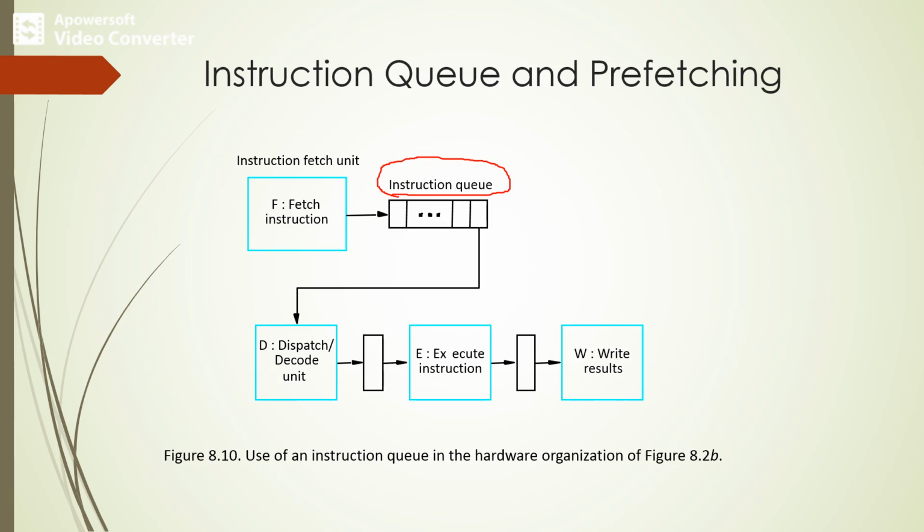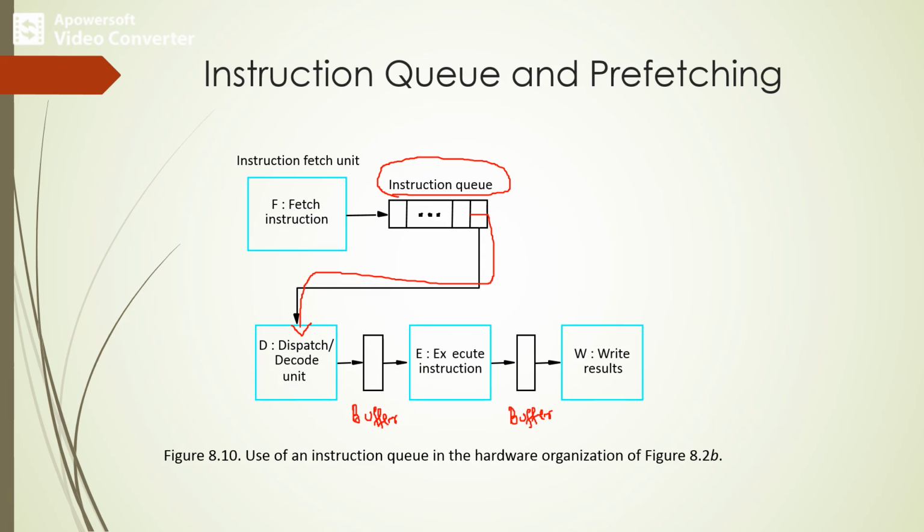From the front end of the queue, the instructions will be loaded into the dispatch or decode unit, and the decode unit will transfer the instructions into the execution phase. In between, it consists of smaller buffers. So this is one buffer and one more buffer.